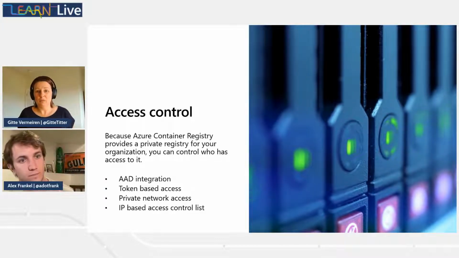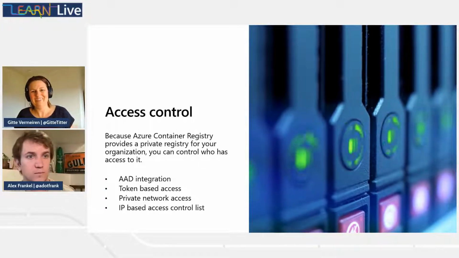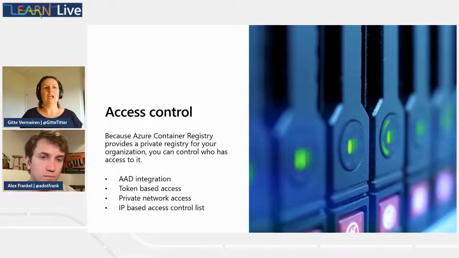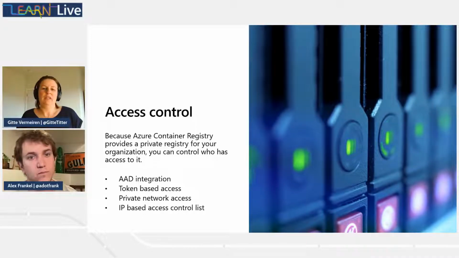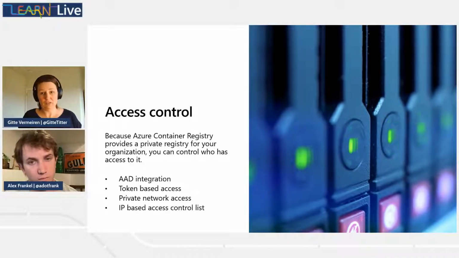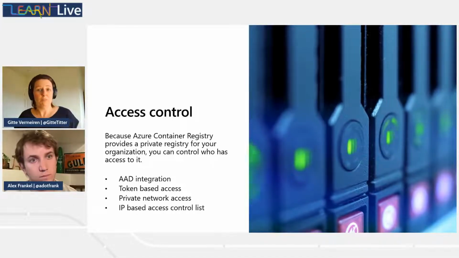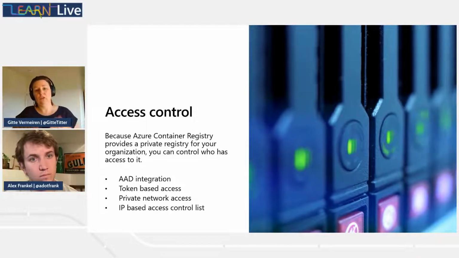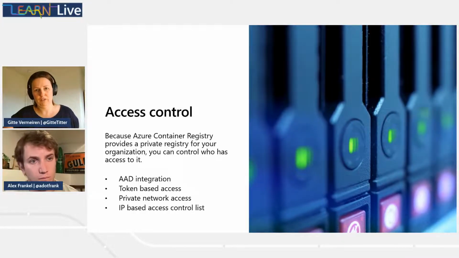But your networking team will know what to do when you make that thing private. And you can also do things like IP-based access control, which is like an access control list where you say, hey, this is the IP range that has access to the registry. So you can properly lock things down and properly protect your resources or your artifacts, so to speak.